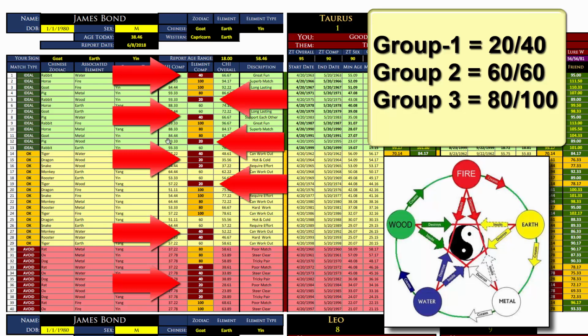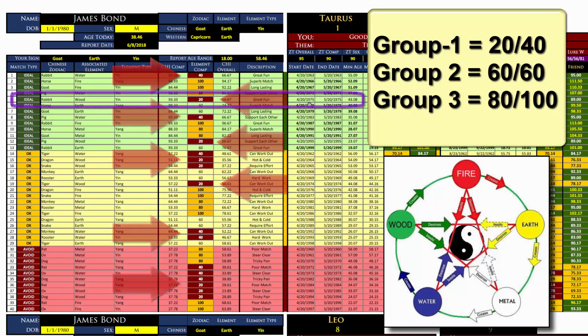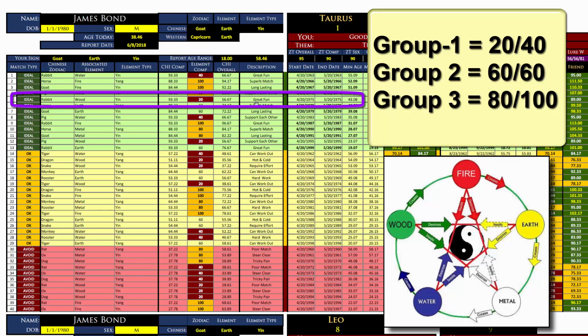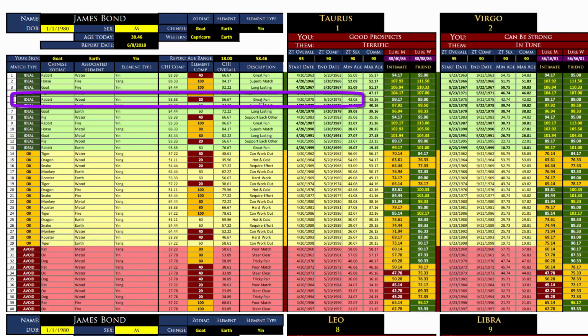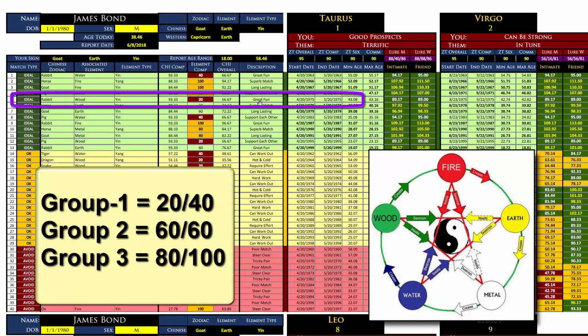So if James Bond, in this scenario, decided to date someone born, for example, on April 20th of 1975, right in this area here, then even though he's in an awesome relationship where it's great fun and he feels like it has good prospects, and that person thinks this relationship is great fun and terrific, this relationship, even though it's ideal, will hold the factor that it feels a little heavy, because James Bond is going to feel that there are times in the relationship where he doesn't receive as much support or as much respect from this person who is a Taurus and who is a rabbit with an element of wood.